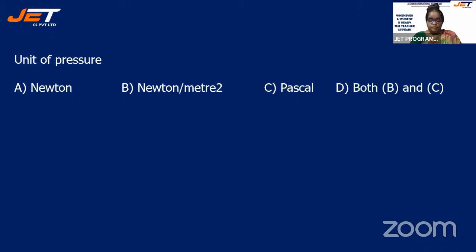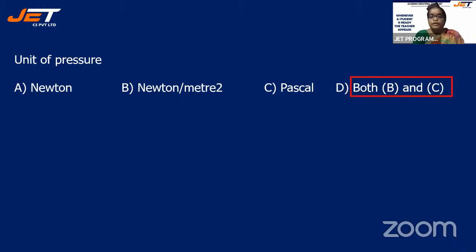Unit of pressure. So it is force applied per unit area. This pressure, right?